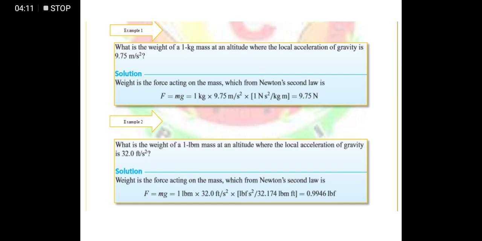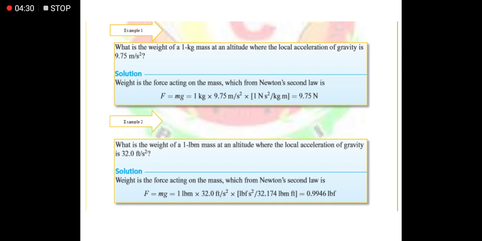So the two are actually different. So what we are looking for here is weight. Weight is equal to mass times gravity, so all we have to do is substitute the values. We have 1 kilogram times 9.75, which is equal to 9.75 newtons.